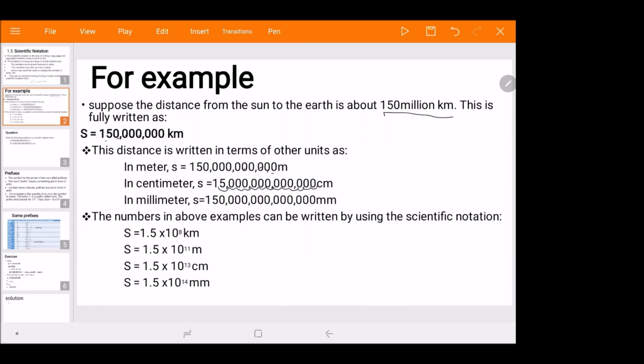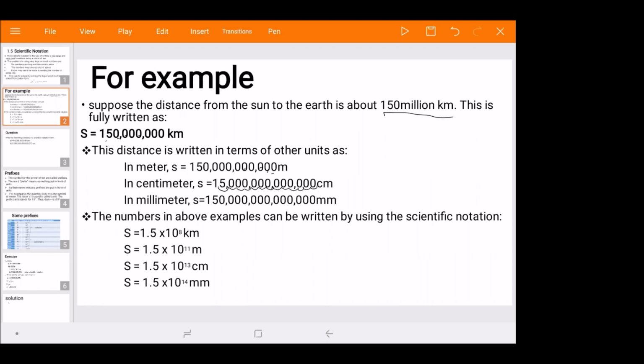So the distance given above, when we write it by scientific notation in centimeters, is 1.5 times 10 to the power of 13 centimeters. So you can write any number, which may be small or large, by scientific notation.